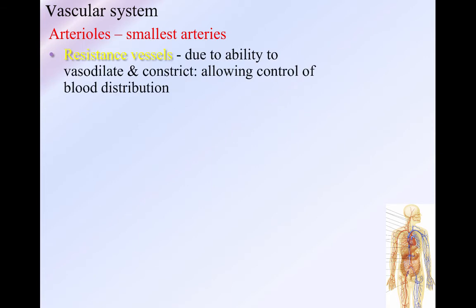Again, the arterioles are known as resistance vessels. That's because they can vasodilate and vasoconstrict and allow us to decrease blood flow to an area or to increase blood flow to an area. And blood vessels which have a lot of alpha-1 adrenergic receptors on the smooth muscle will primarily respond by vasoconstricting.